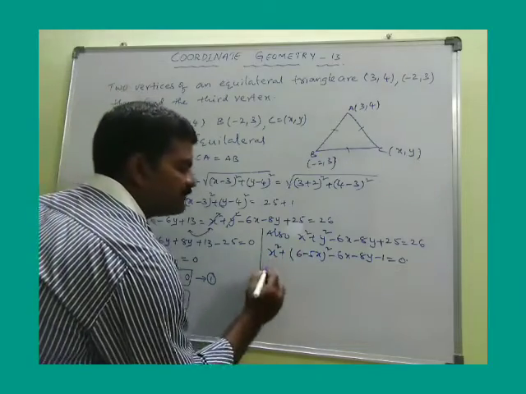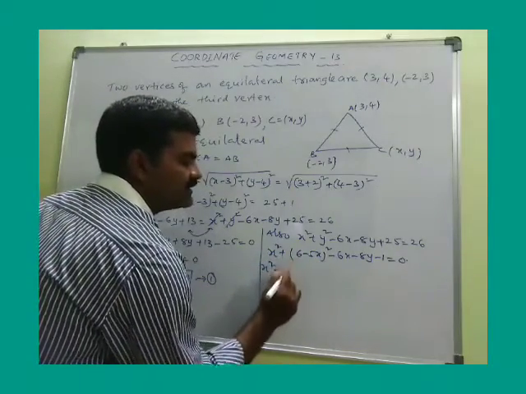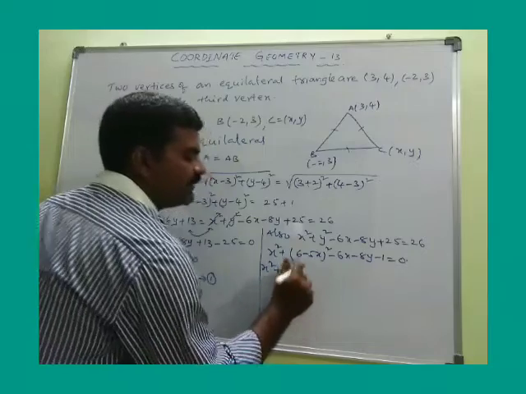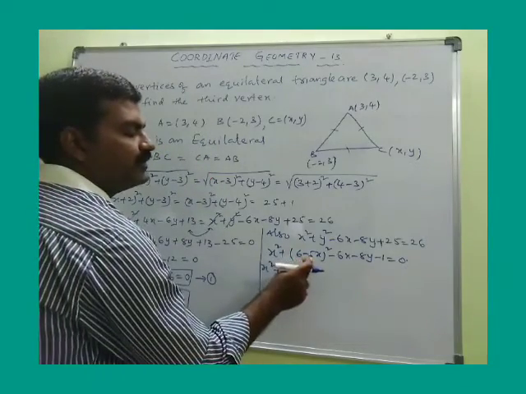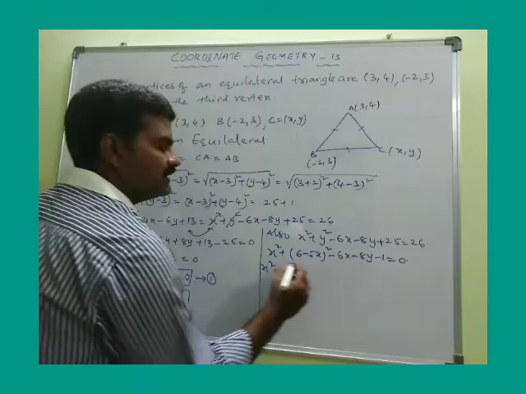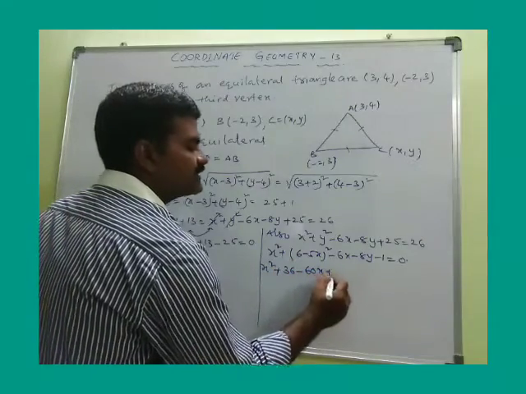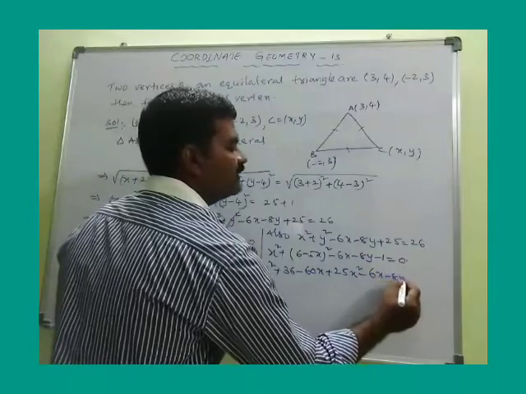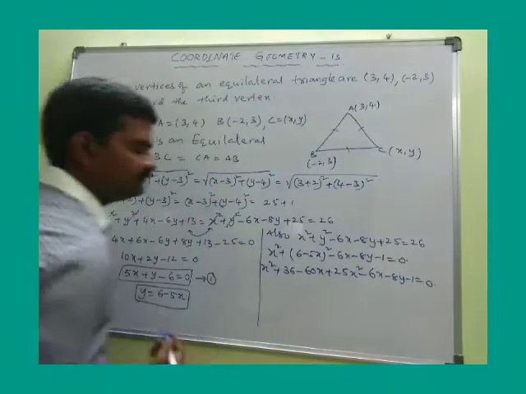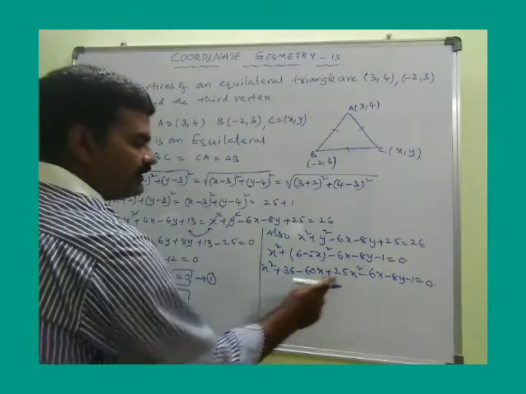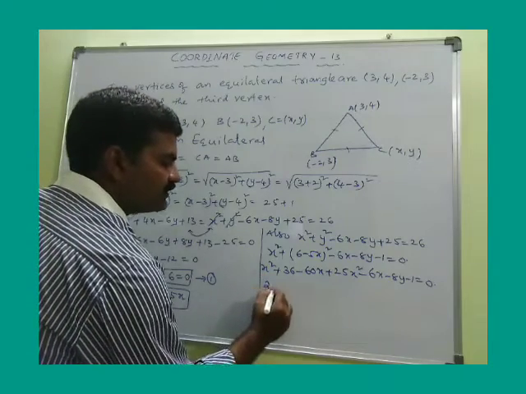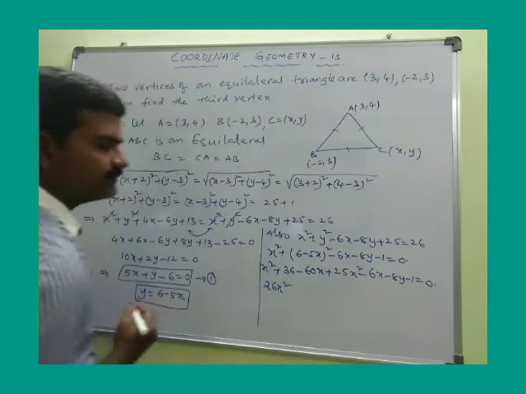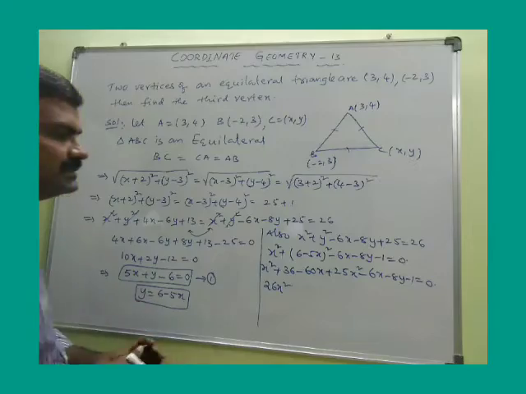So once again expansion for this. x square plus 6 square is 36 minus 2ab. Minus 2 into 5, 10; 10 into 6, 60x plus 25x square, and the rest of them are as usual. So 25x square plus x square, which is 26x square. Still there is an 8y now.